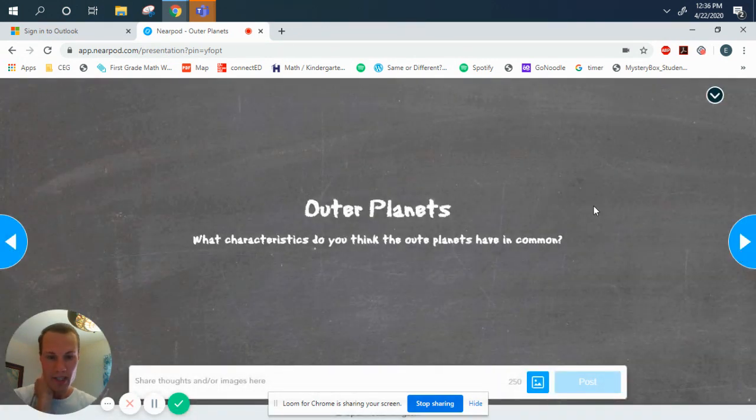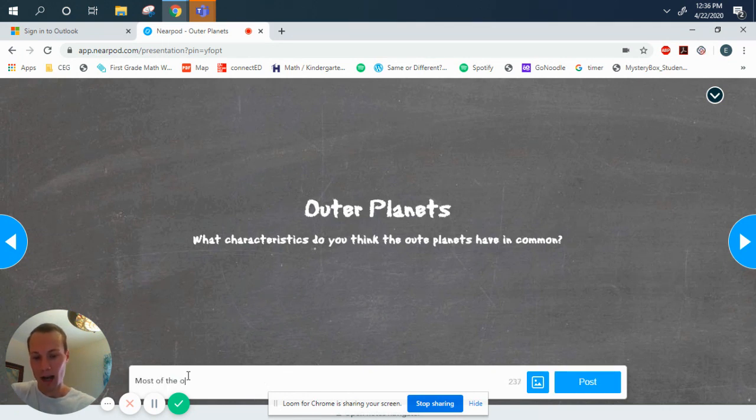So what characteristics did you think the outer planets have in common? So here's some places to write your thoughts down. This is just an idea chart. There's no right or wrong answer. So if you have some paper, you might want to write it down there if you're not going to do the lesson on Nearpod, or you can put them here. I'll get us started.